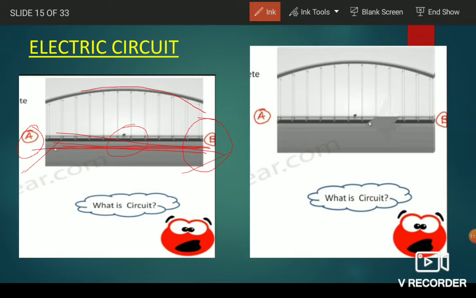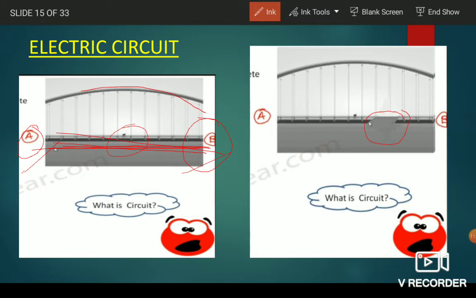Now, let us say somebody breaks this bridge, see this second picture. Suppose somebody breaks this bridge in the middle. Now do you think that the cyclist will be able to reach town B?